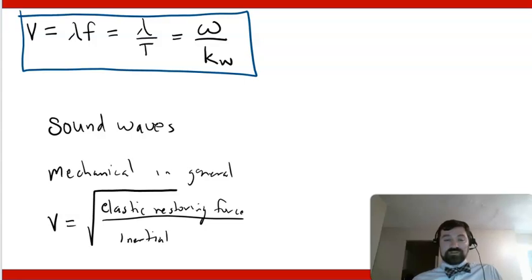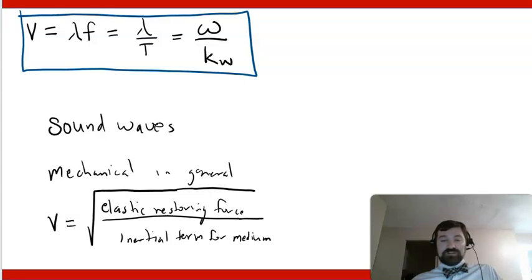And of course, inertial terms generally mean terms related somehow to the mass of whatever medium is carrying the wave. So, an inertial term for the medium. That's your basic idea of what your speed will be determined by.